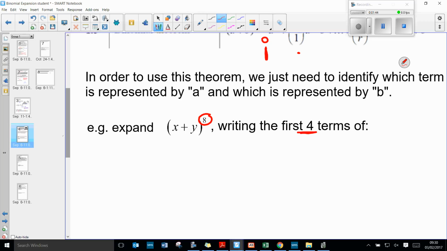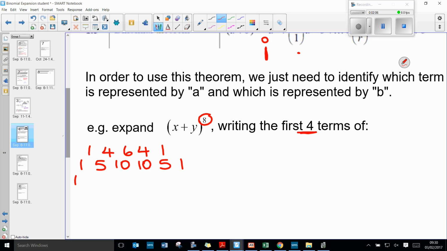1, 4, 6, 4, 1. Okay, lovely job. If we start with that one, that's going to make our lives a lot easier. So we've then got 1, 5, 10, 10, 5, 1.